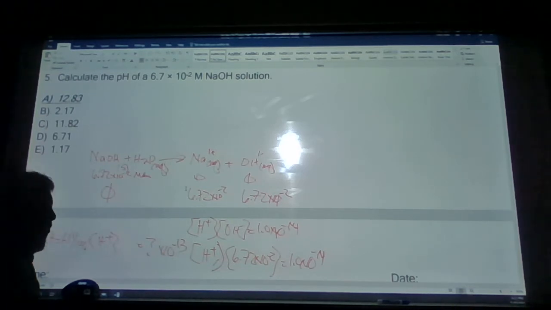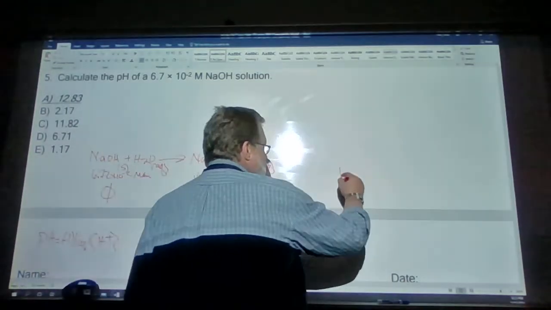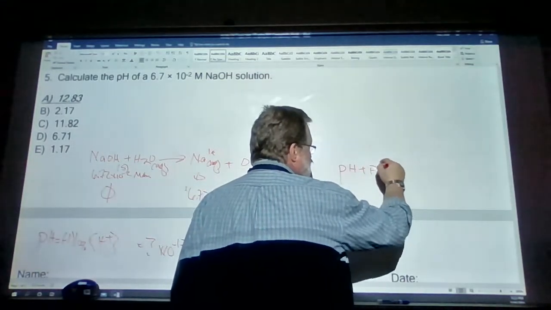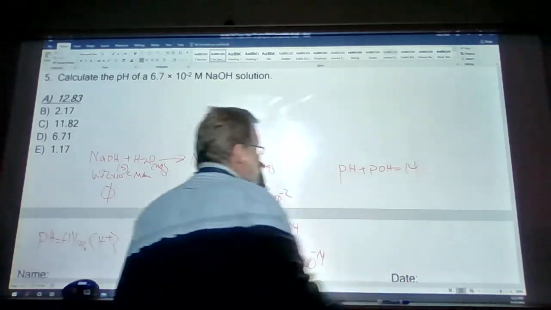Or we could do pH plus pOH is equal to 14.